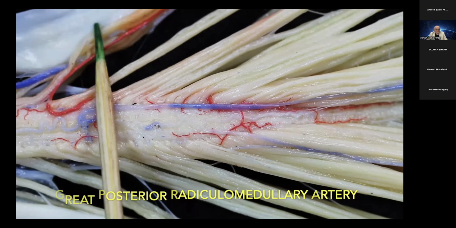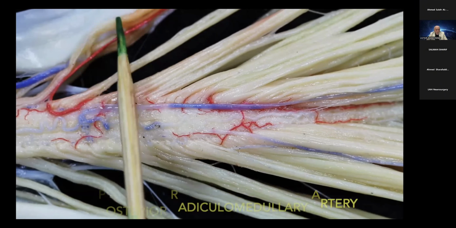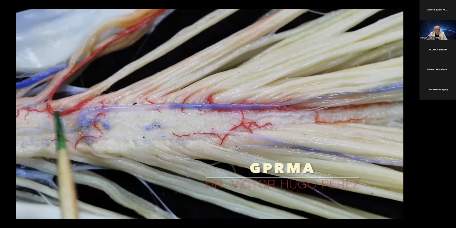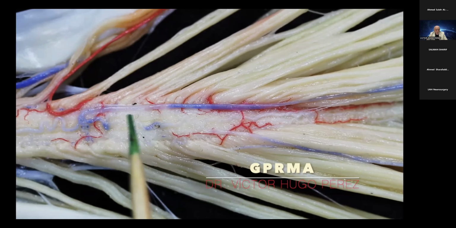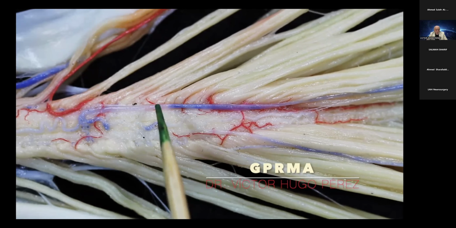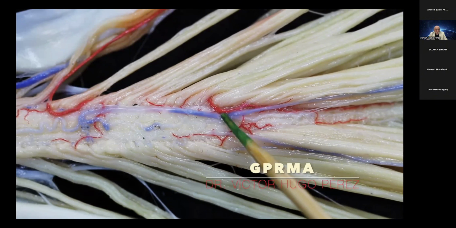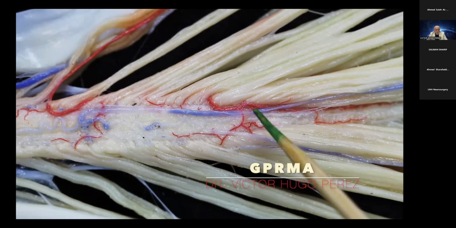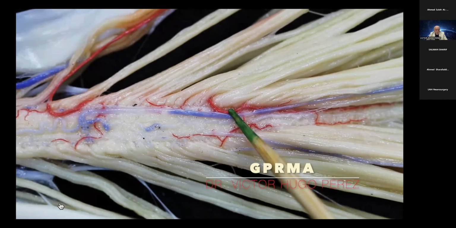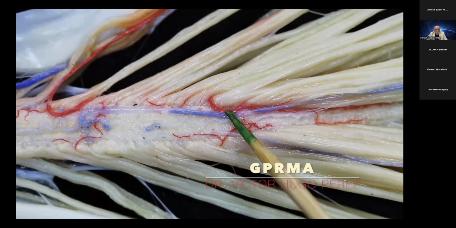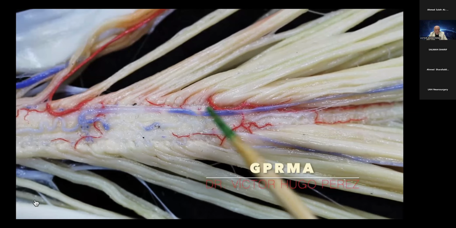This artery makes a curve and goes to the posterolateral aspect of the spinal cord, then returns to the posterior aspect between the L3 and L4 nerves. Great posterior radiculomedullary artery.